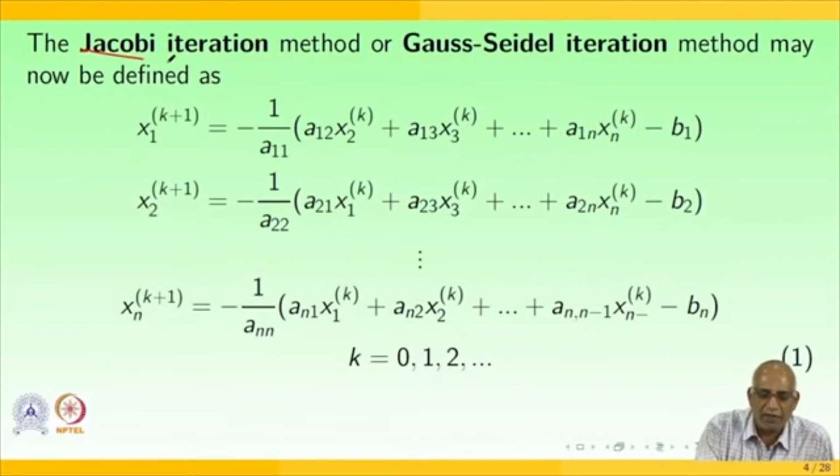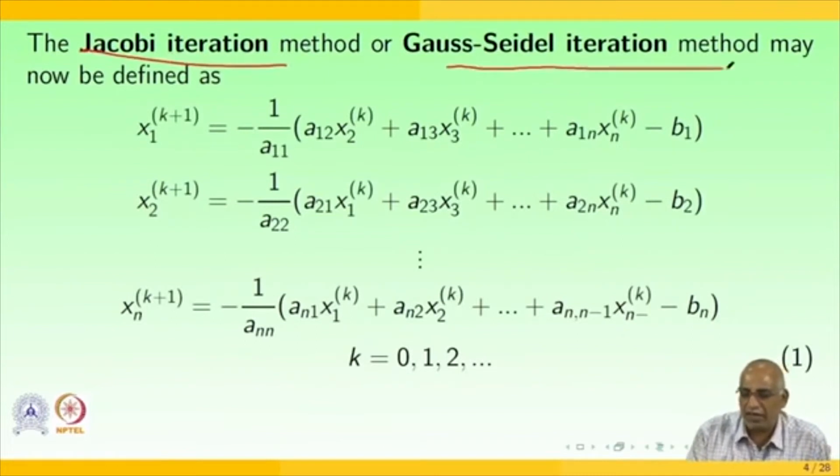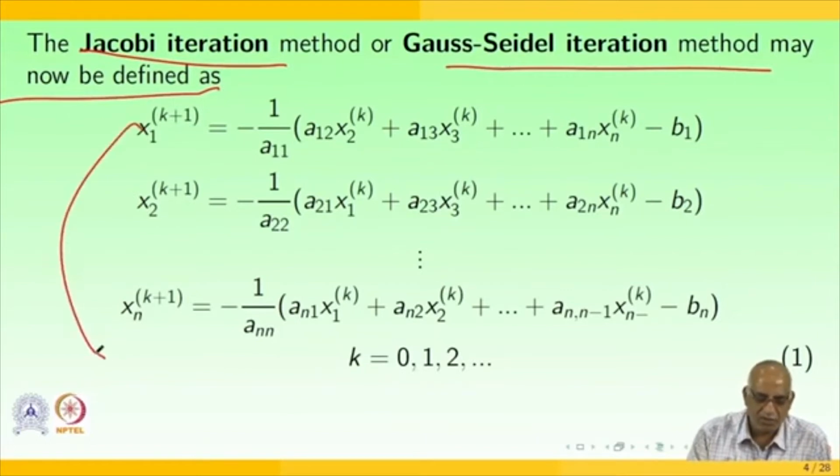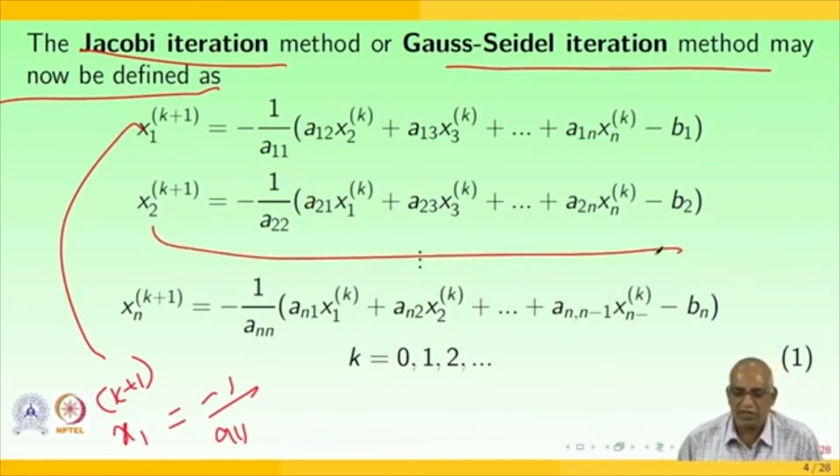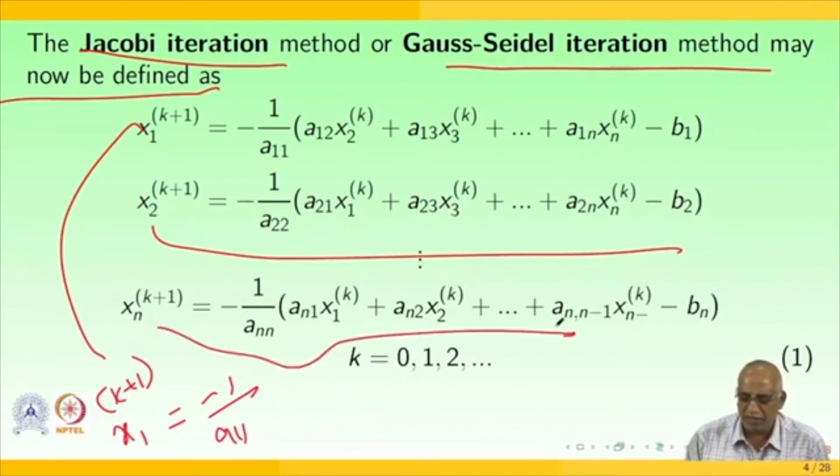So the Jacobi method and Gauss-Seidel iteration method will be defined as x1 of k plus 1 will be equivalent to, pushing all the terms to the right side, and similarly while doing x2 k plus 1, pushing all the things on the right side, and so on.